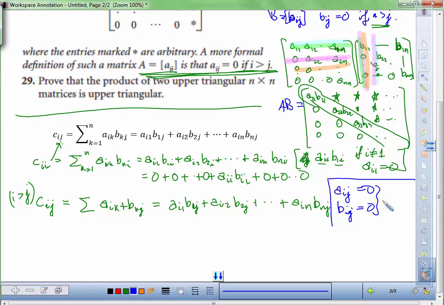Both of these will hold if i was bigger than j. So if i was a number like 3, a_31 is going to be 0, right? Does that make sense? a_32 is going to be 0, and a_33 might not be equal to 0.